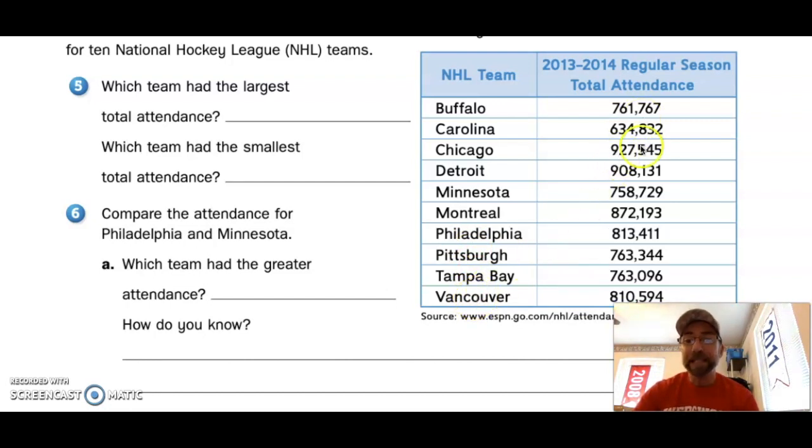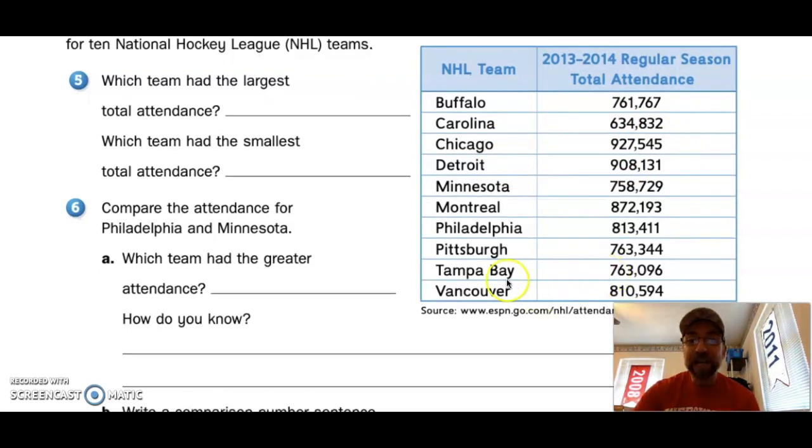And on the right side, we have the total attendance that each of those teams had during the 2013-14 regular season. So we're going to have to study this table in order to tell which team had the greatest attendance and which team had the least attendance.